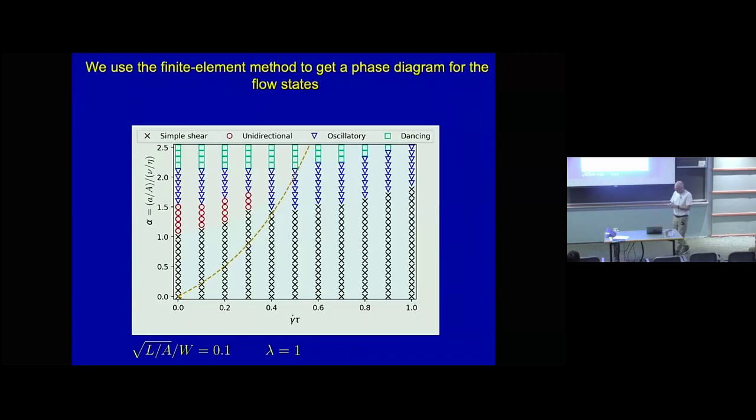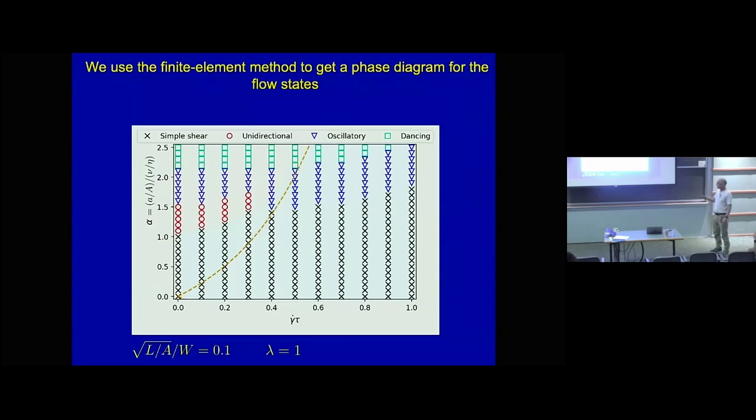So here are the results of the numerical solution of the nonlinear equations only for the positive activities. The blue is the same blue that you saw in the analytical calculation. So this boundary is the boundary from linear stability analysis. The x's are Couette flow, simple shear.